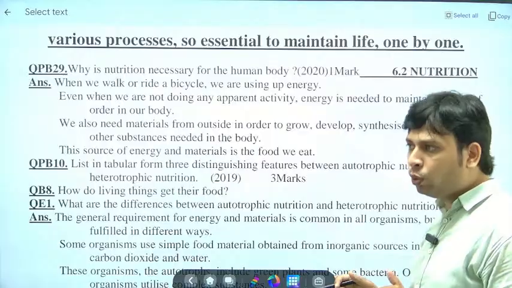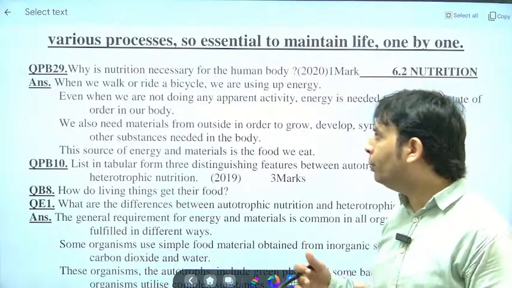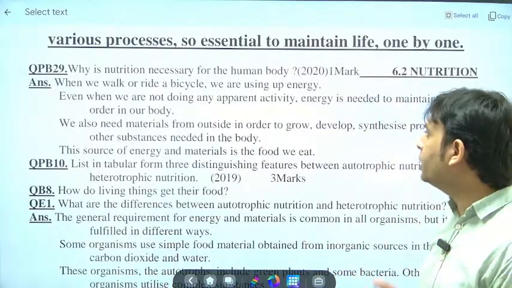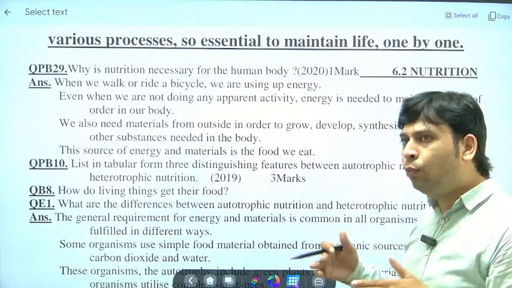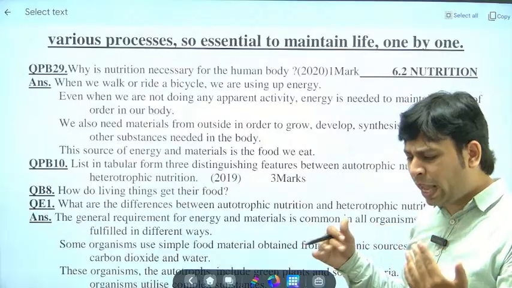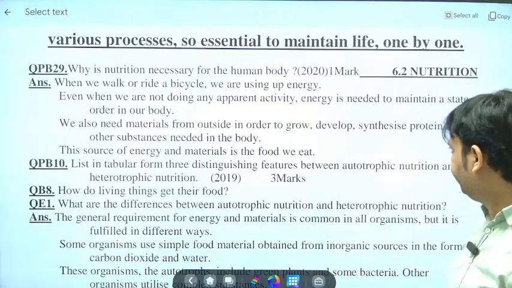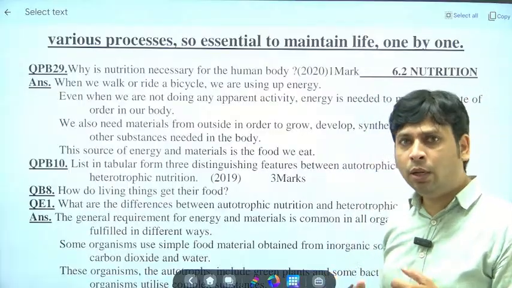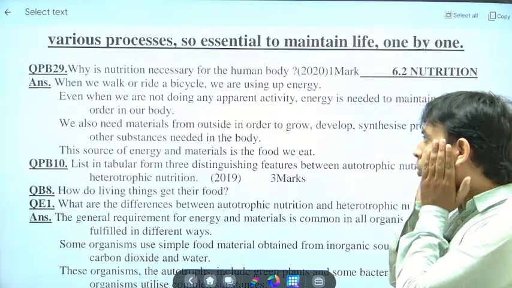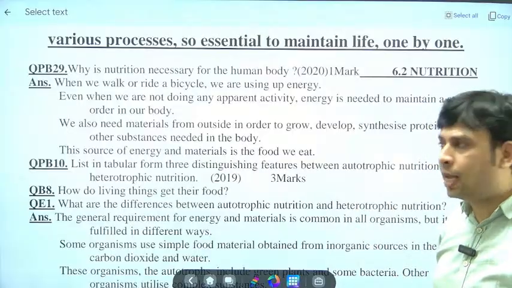When we do anything, like when we walk or ride a bicycle, we are using up energy. Even when we are not doing any apparent activity, energy is needed in our body for various tasks.